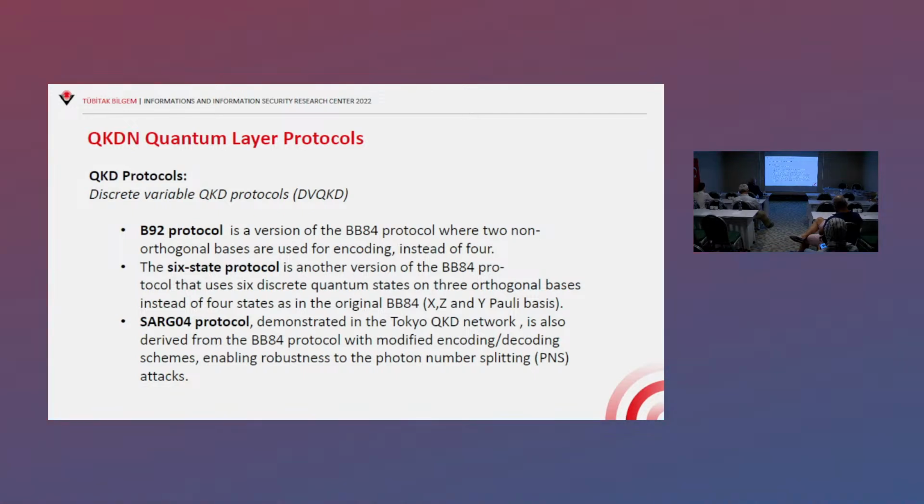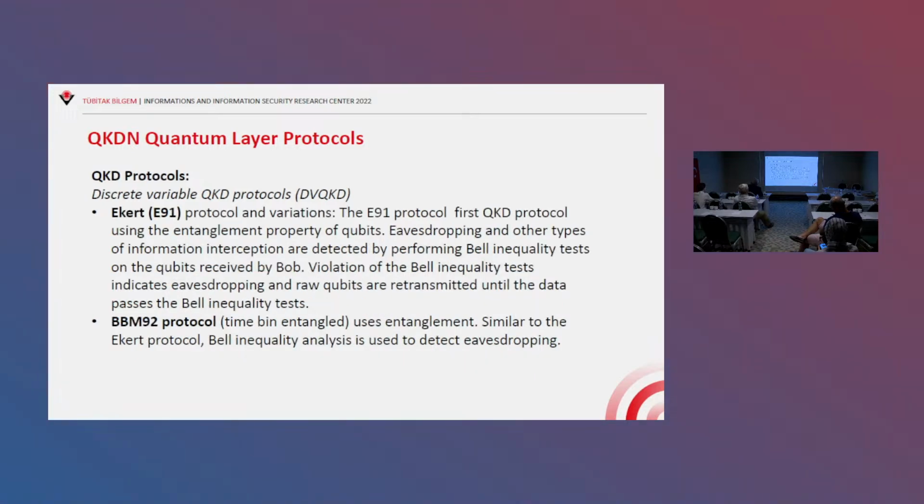And there are other versions, like SARG04, implemented in the Tokyo quantum key distribution network, that would eliminate attacks based on photon number splitting, PNS attacks. So there are many versions of this particular protocol.